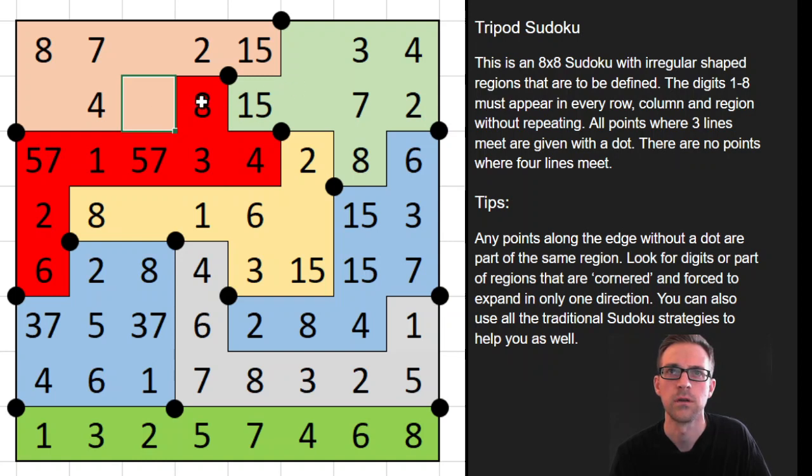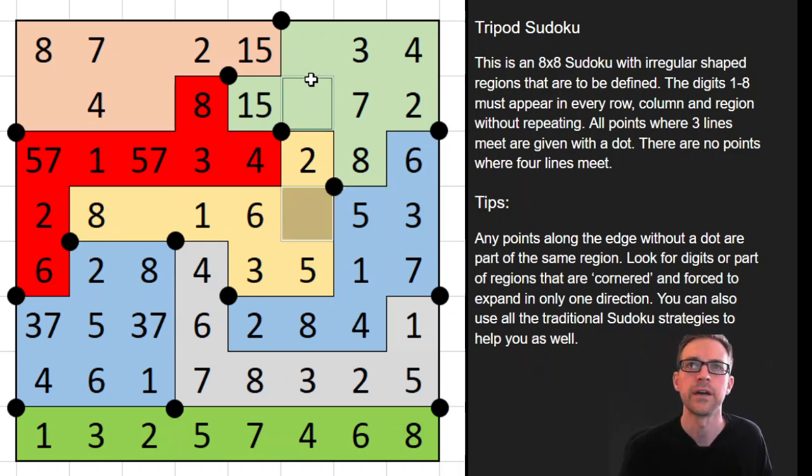That's helpful, I think, because now we know 3's in one of these. Oh, you know what? This 1 means this can't be a 1 anymore. That's a 5, making that the 1, that the 5.